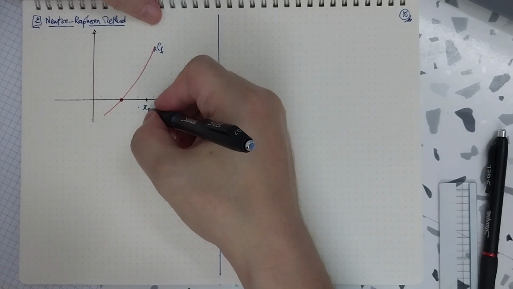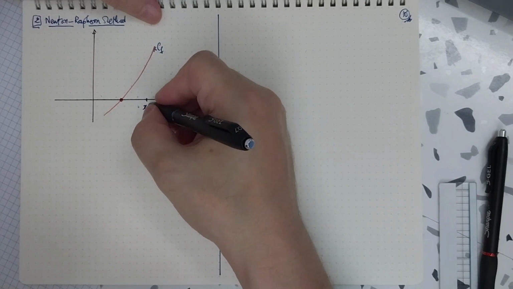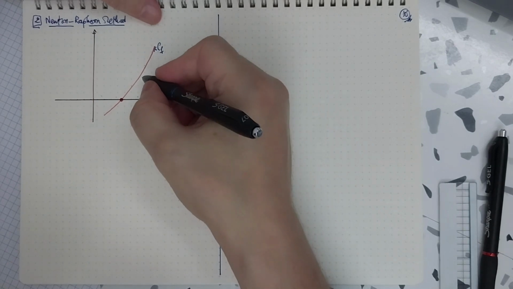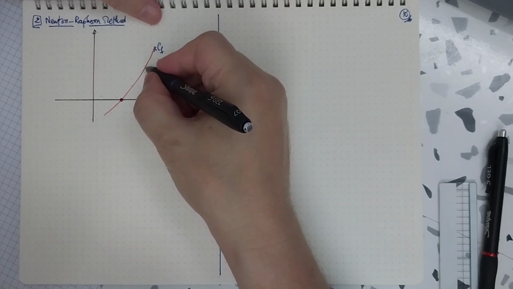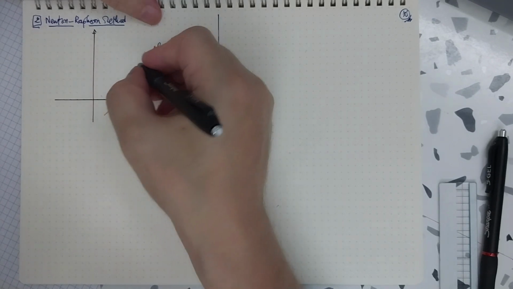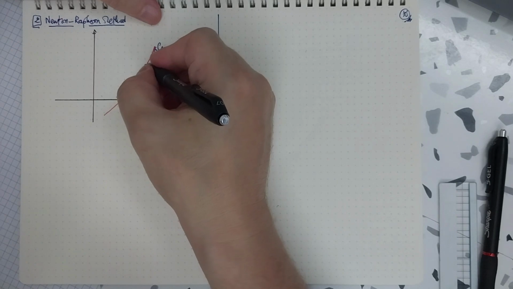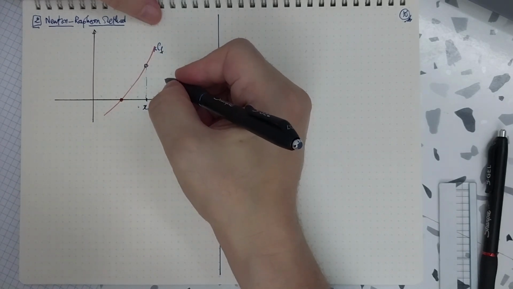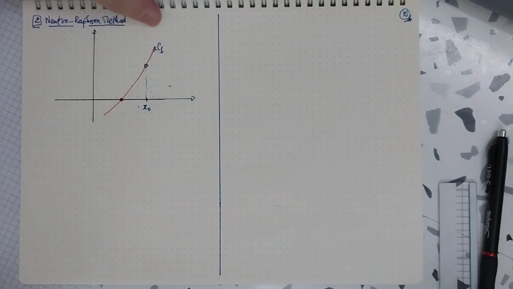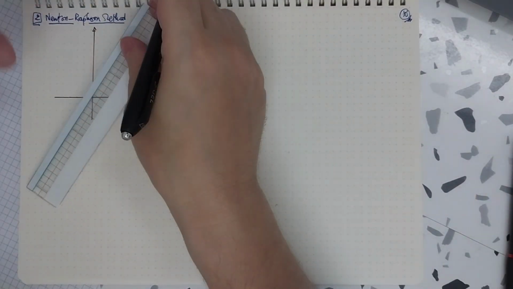The indices will be here, not upper. So let's write it. And this is the image of x0. But it's not only the image, we need the derivative to draw the tangent.